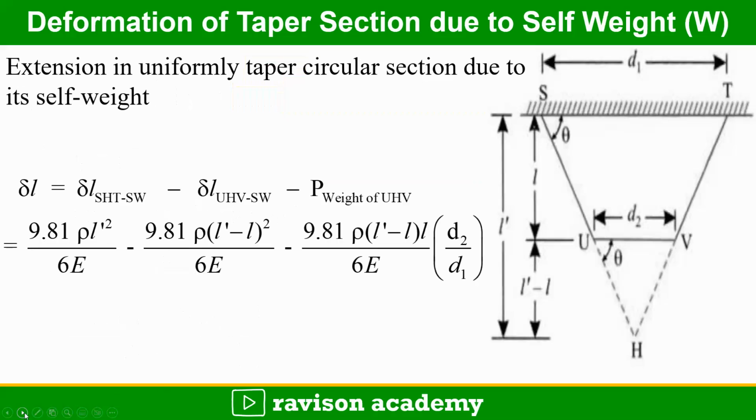So the total extension in the uniform taper circular section due to the self weight can be obtained by the change in length of the SHT part due to its self weight minus change in length in UHV part due to self weight minus the weight of the UHV part.